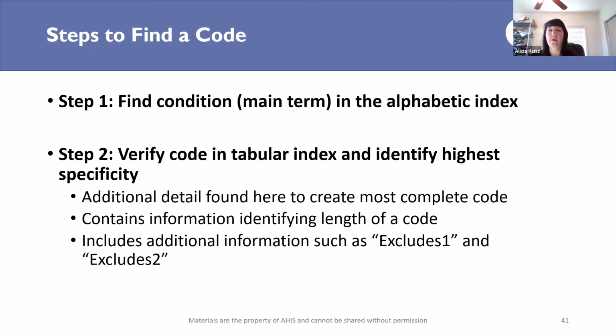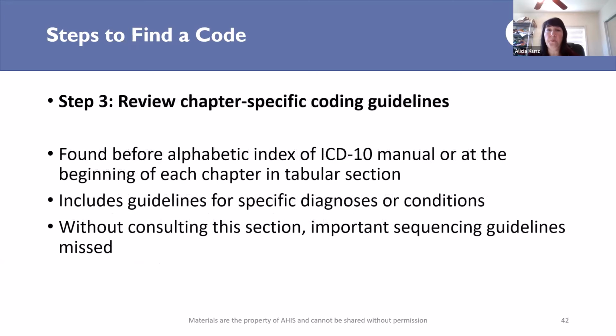Always verify on the tabular, because it's going to tell you the length of the code you need. And then your excludes notes, your code also codes. Again, very important to use your book. Then you want to review your chapter specific coding guidelines.